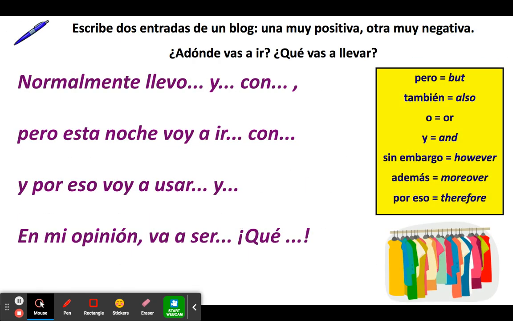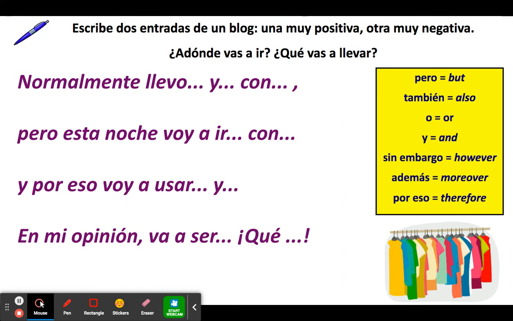And then in here, it was for you guys to write a paragraph about where you're going to go and what you are going to wear. So you can write in here, normalmente llevo, right? Pero esta noche voy a ir con, y por eso voy a usar. Try to write down a paragraph using this help, and also try to use these connectors here.